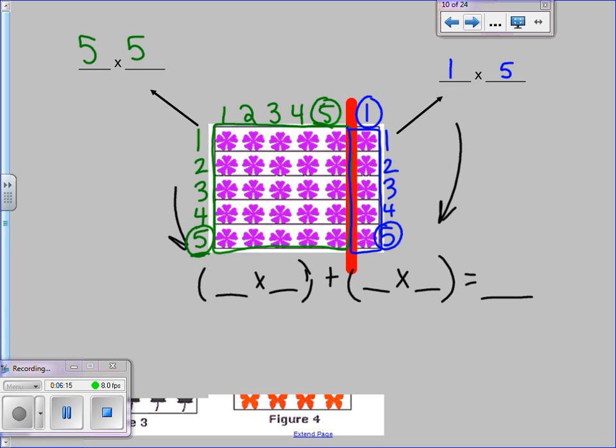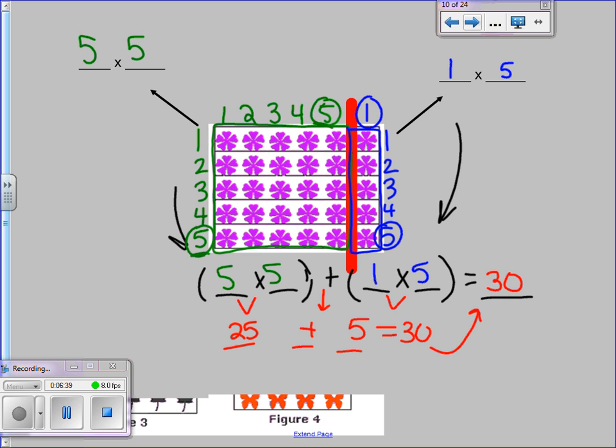So now I'm going to bring my 5 times 5 down here, and my 1 times 5 down here, and I'm going to go ahead and multiply and add together. So 5 times 5 is 25. Bring down my addition sign. 1 times 5 is 5. So now we have 25 plus 5 equals 30. So this array has a total area of 30 units.